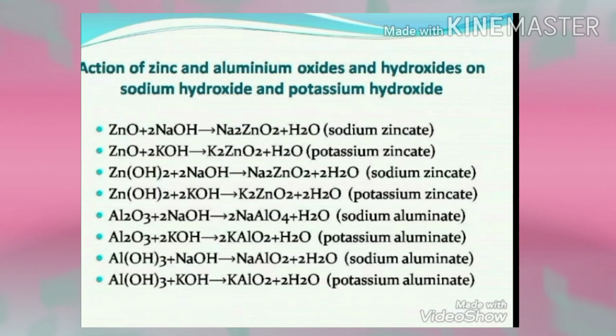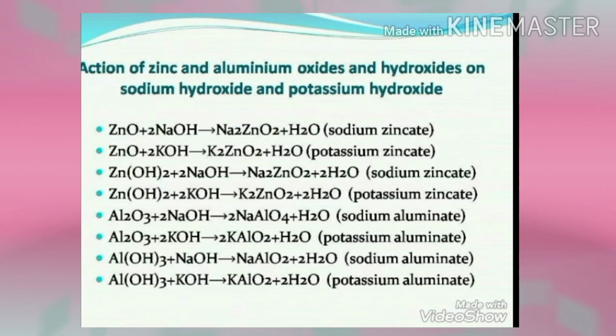And like that also, when potassium hydroxide reacts with zinc hydroxide, it produces potassium zincate plus water. So what do you find? When alkalis react with amphoteric oxides or hydroxides, they produce salt and water.